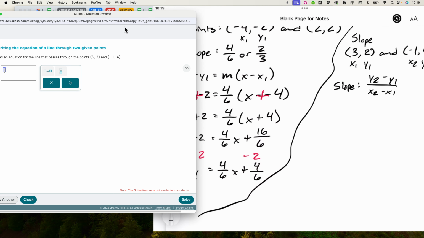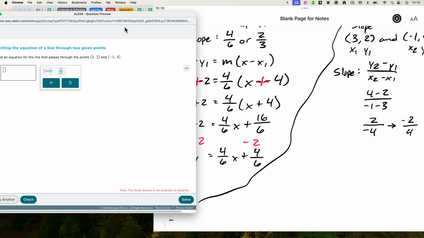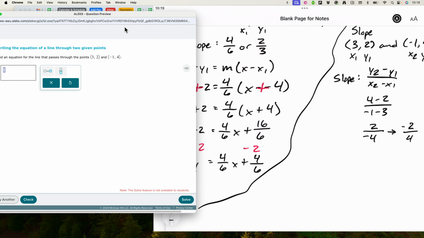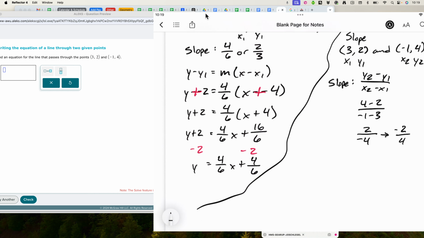So y2 is 4, y1 is 2. x2 is negative 1, x1 is 3. 4 minus 2 is 2, negative 1 minus 3 is negative 4. We should rewrite that with a negative in the numerator, negative 2 over 4. You could also call this negative 1/2. I will go ahead and leave it as negative 2 over 4 just to demonstrate that Alex will accept that. Now we have a slope and we have 2 points. We can choose which one of those 2 points we want to use.